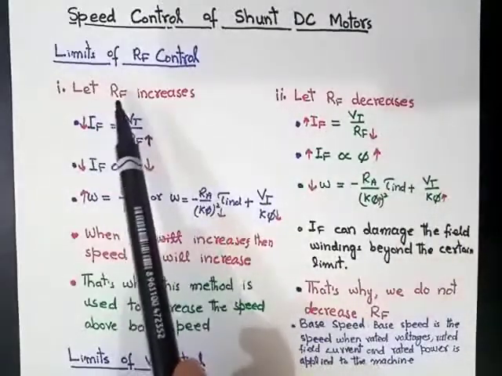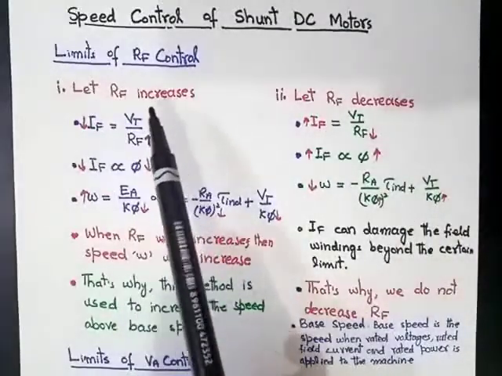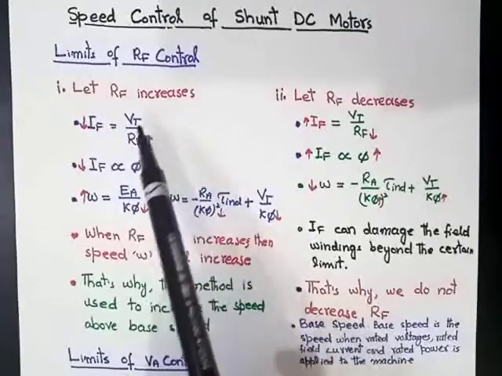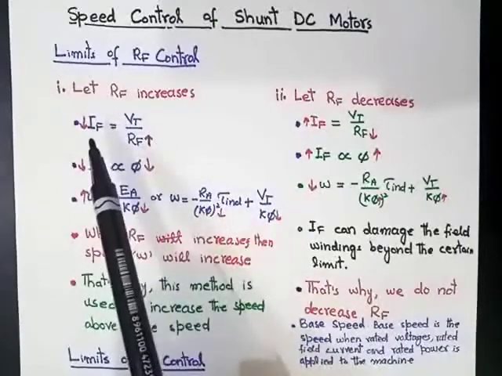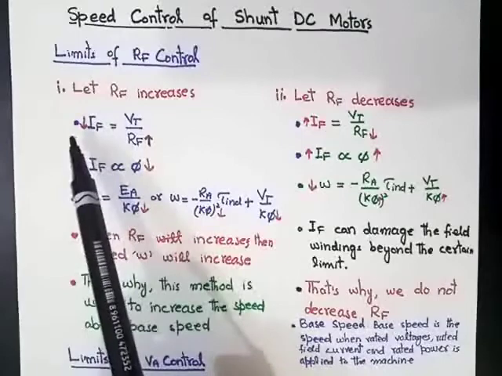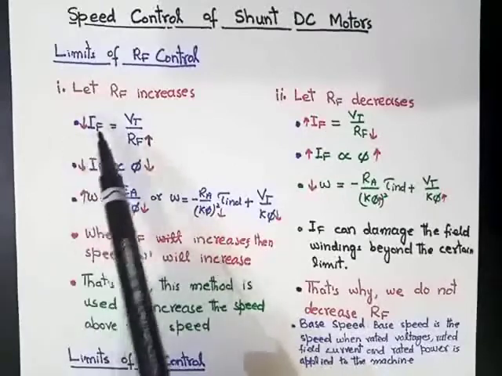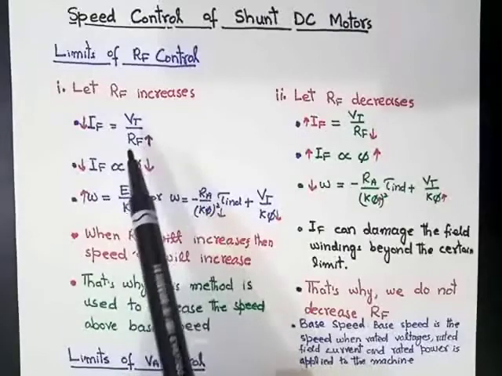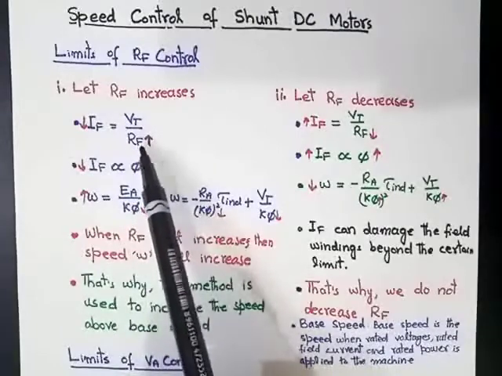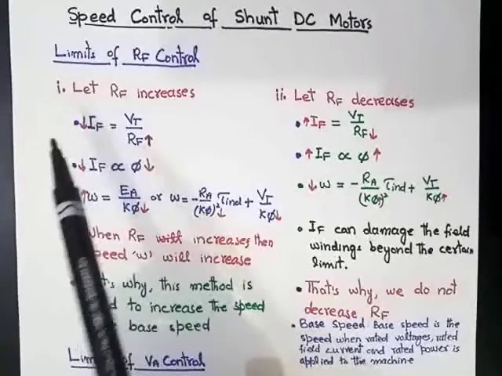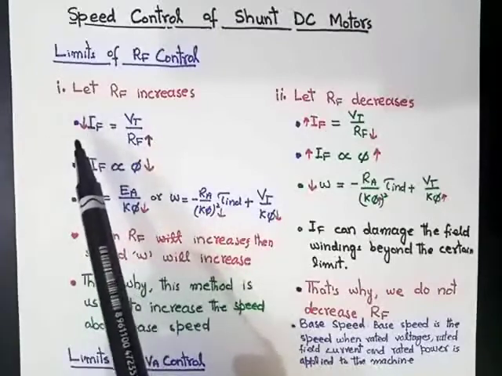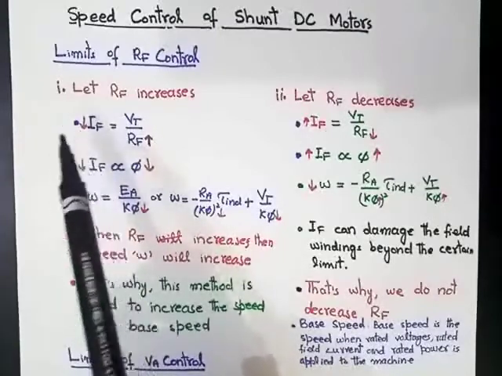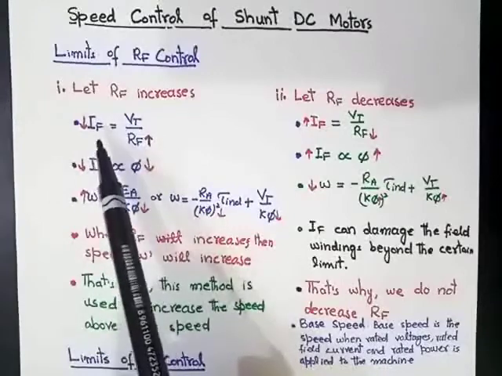When the field resistance increases, according to Ohm's law, IF will decrease. As we know, IF is equal to VT over RF. When the value of RF increases, the value of field current decreases, because the relationship between I and R is inverse.